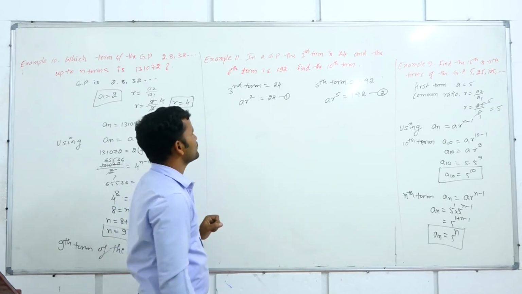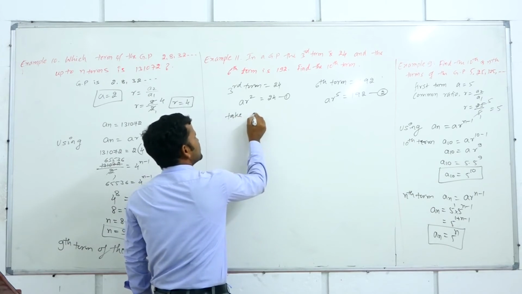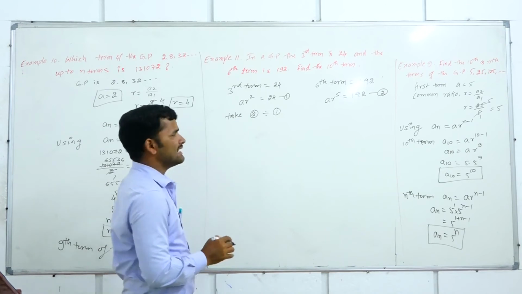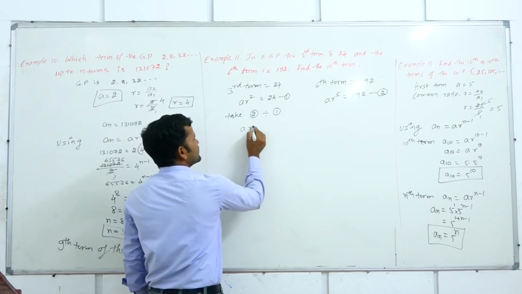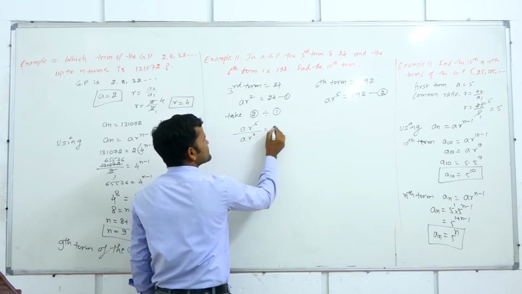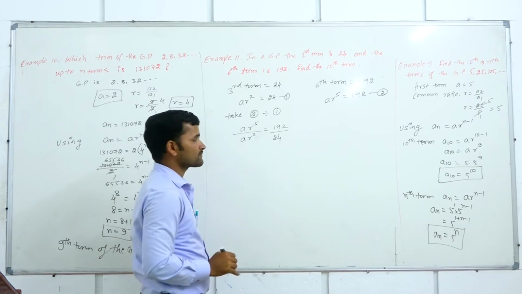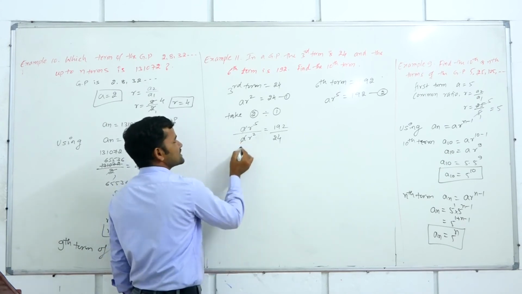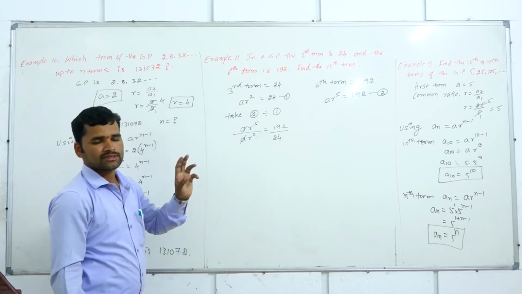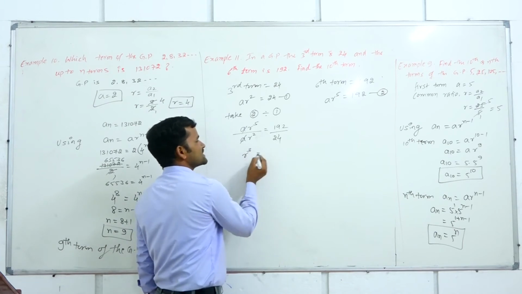To solve equations 1 and 2, you take equation 2 divided by equation 1. Left hand side it will be A into R to the power of 5 divided by A into R square, which is equal to 192 by 24. A gets cancelled, R 5 times here, R 2 times here, we can cancel R 2 times, we are left with R cube on the left hand side.